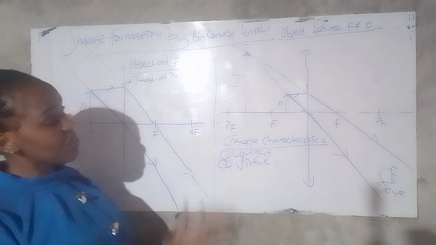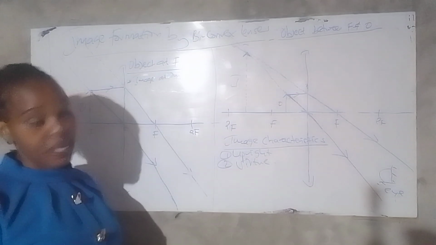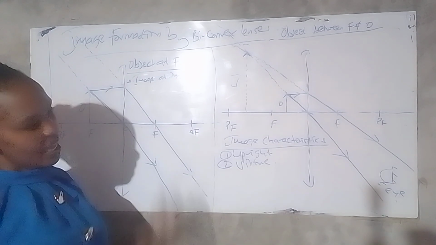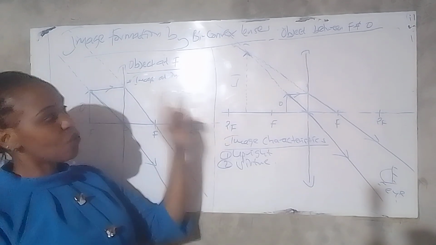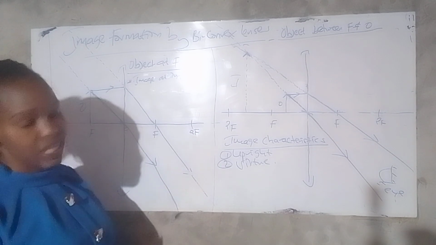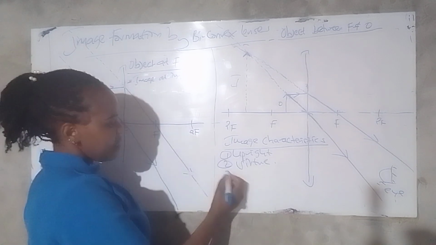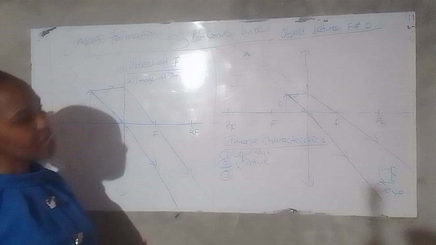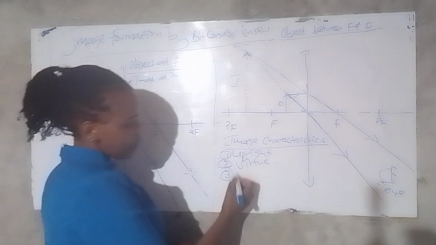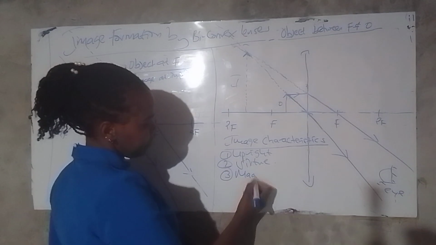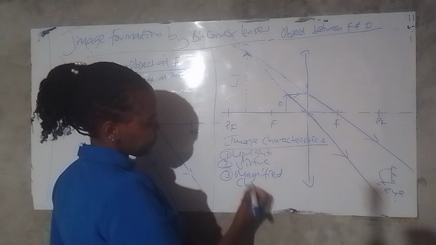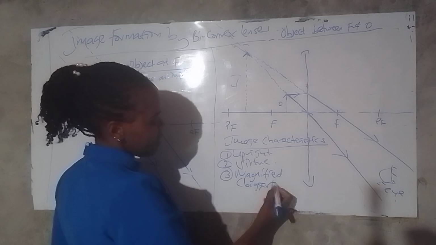It is virtual, it is not true. If it were true, then it would have formed on a screen, and it would have formed by intersection of true refracted rays. Now it is forming from intersection of two virtual or imaginary rays. So it's a virtual image. Number 3, if we talk about the size, it is bigger than the object, so it is magnified.